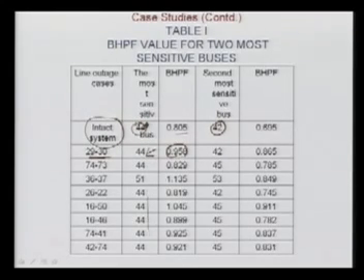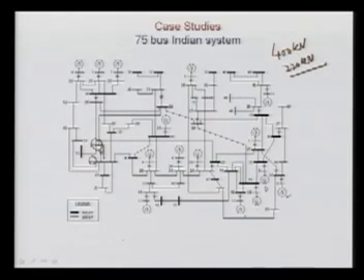So the most sensitive bus turns out to be 44, and we decided that we can put the SVC, that is static var compensator, at bus number 44. Where is 44? 44 is this bus. There is one generation here, and I think it is Auraiya gas power station.